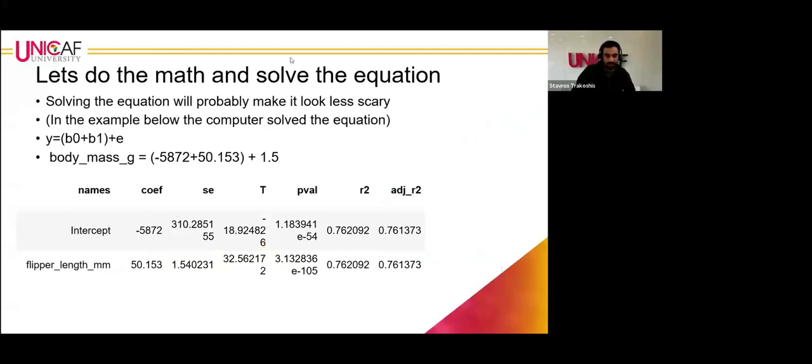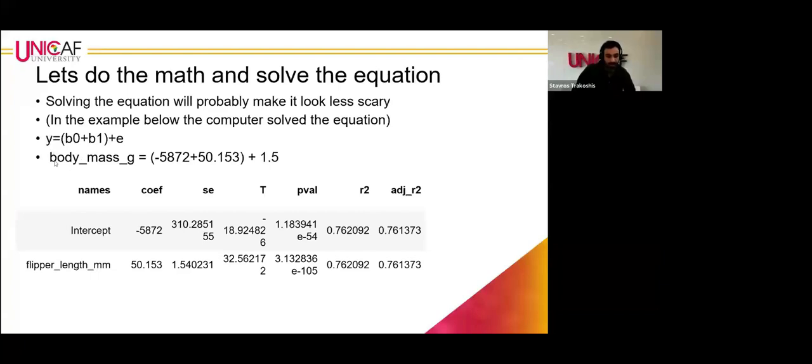Let's solve the equation, basically. So this is my equation that I want to solve. Let's change the symbols here.